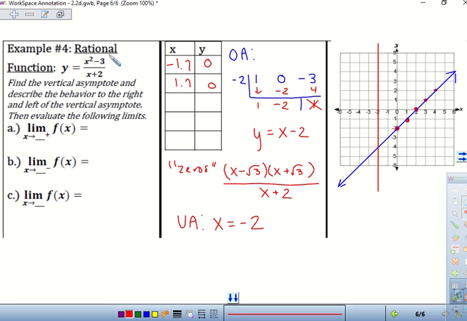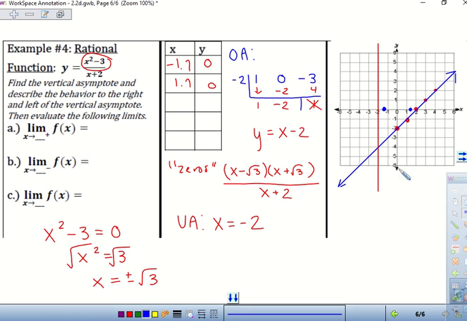So if I took this numerator and set it equal to 0, I get x squared minus 3 is equal to 0. I get x squared equals 3. And then I take the square root of both sides, and I get x equals plus or minus the square root of 3. Those are my 2 zeros. If I put root 3 in the calculator, it's approximately 1.7, which means that technically I have a 0 at negative 1.7, which is like here, and positive 1.7.